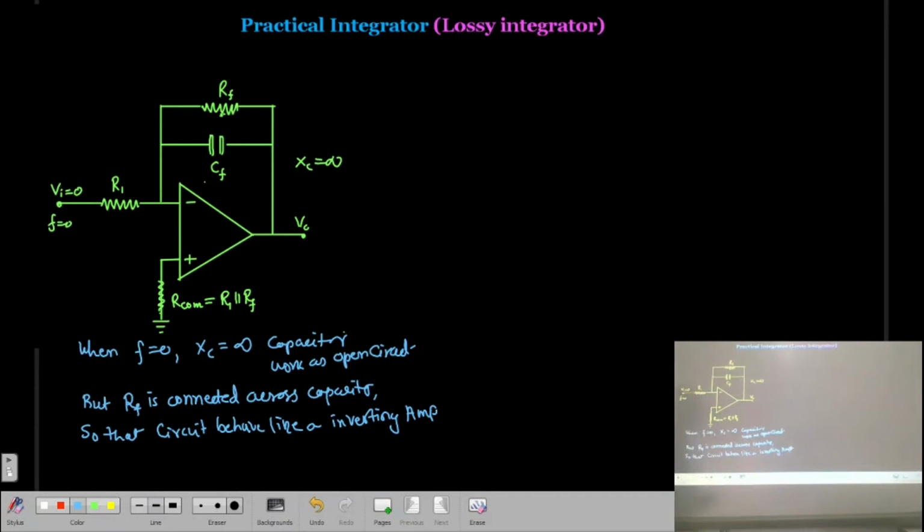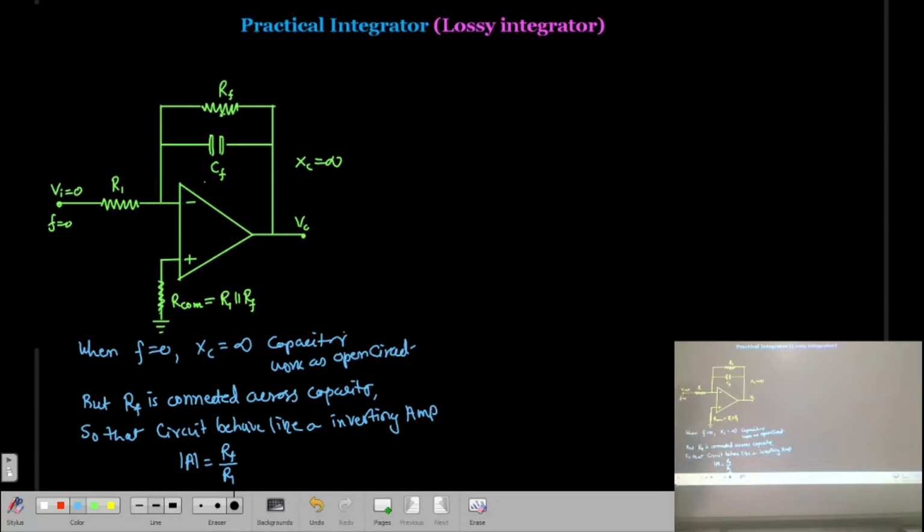And in this case, the gain of this amplifier will not be infinite, but here you can say the gain of the amplifier is equal to Rf by R1. So in the basic integrator, when the f was 0, the gain was infinite. Now this gain is reduced to Rf by R1.